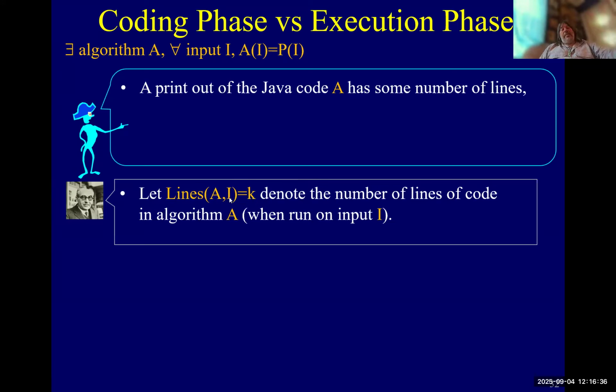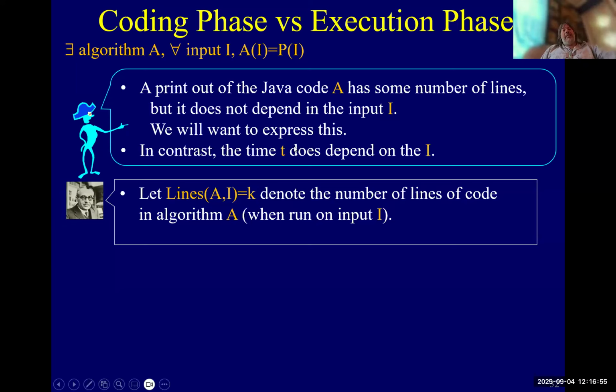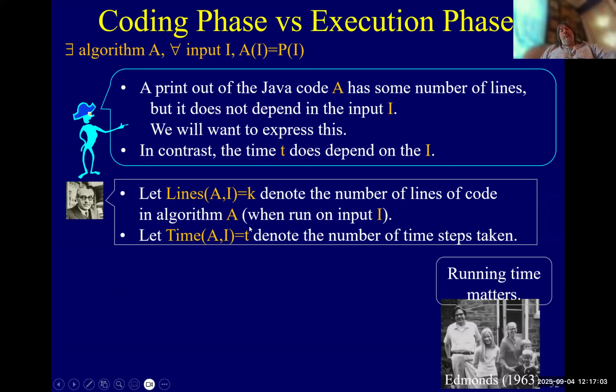Now you might say the number of lines of code doesn't depend on the input, and exactly, the number of lines doesn't depend on the input, and that's why we're writing it here, so that we can say that. We want to express that it doesn't depend. In contrast, the running time does depend on the input. So the running time depends on the input, but the number of lines doesn't.